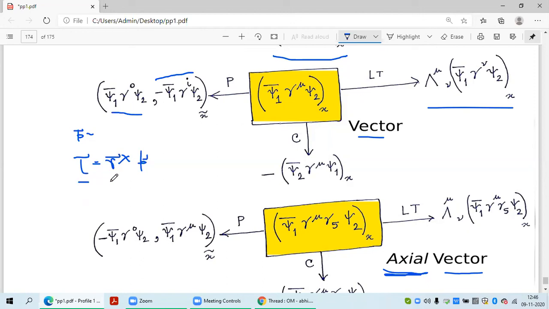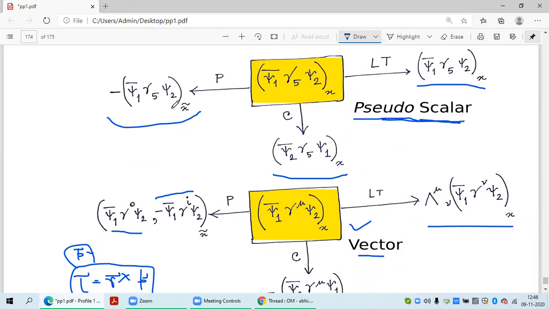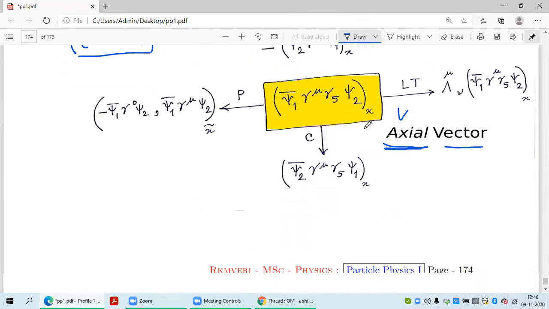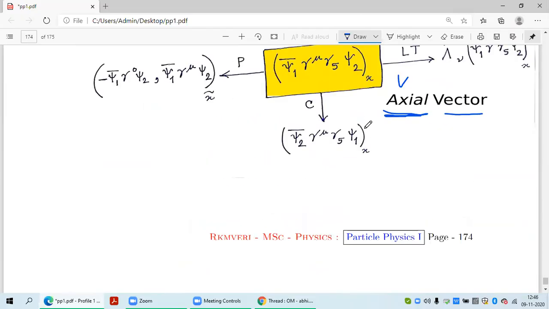So L will not change sign. So L is an axial vector, p is a polar vector. In that same sense, this is called a vector, this is called an axial vector, or pseudo vector. Pseudo is also a name for axial. This is called a pseudo scalar. This is a scalar. Clear? So let me stop here.